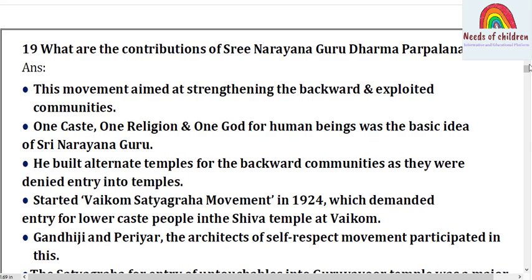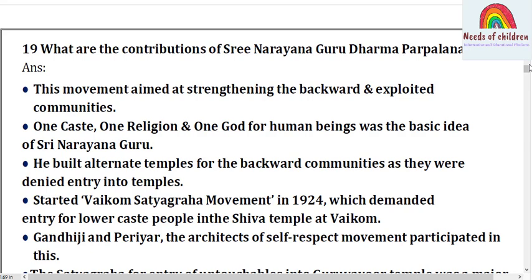This movement aimed at strengthening the backward and exploited communities. One caste, one religion and one God for human beings was the basic idea of Sri Narayana Guru. He built alternate temples for the backward communities as they were denied entry into temples. Started Vaikam Satyagraha movement in 1924, which demanded entry for lower caste people in the Shiva temple at Vaikam.